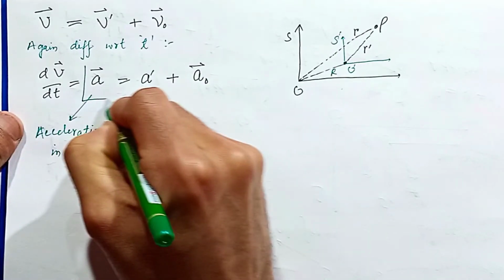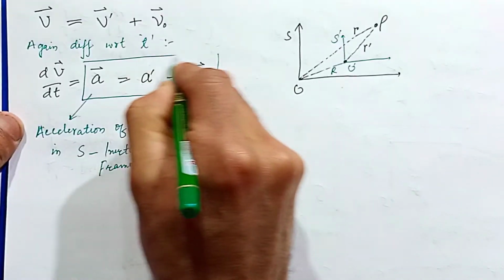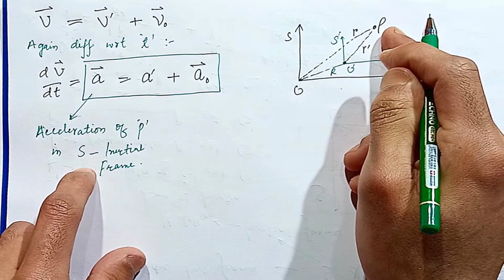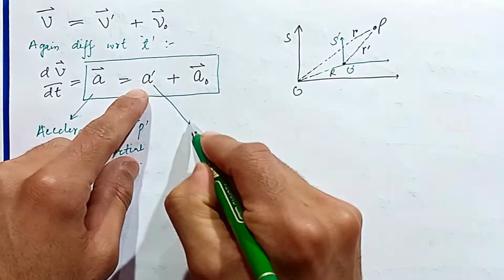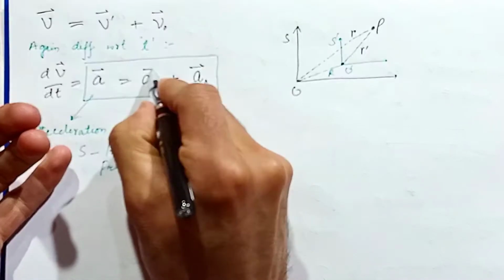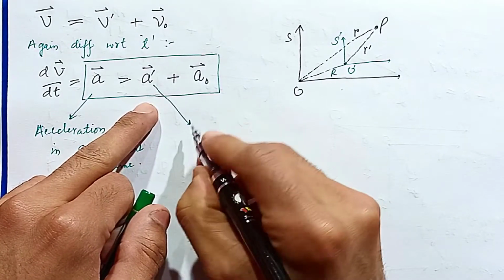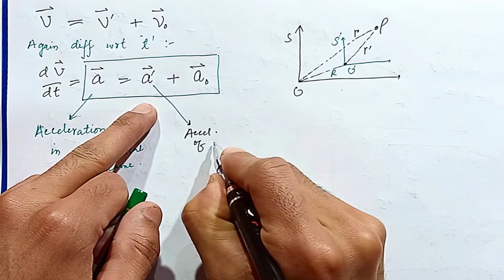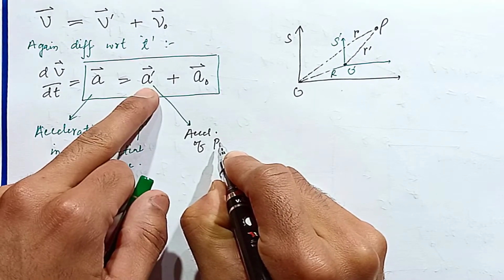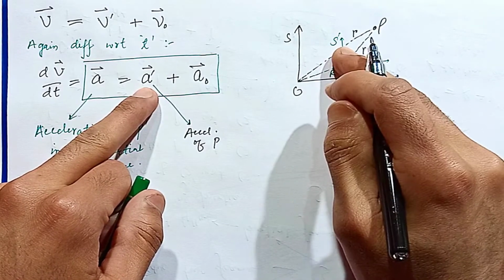This gives the acceleration of the point particle P in the frame of reference S, and this a prime, a vector quantity, is the acceleration of the point particle P in the frame of reference S prime.